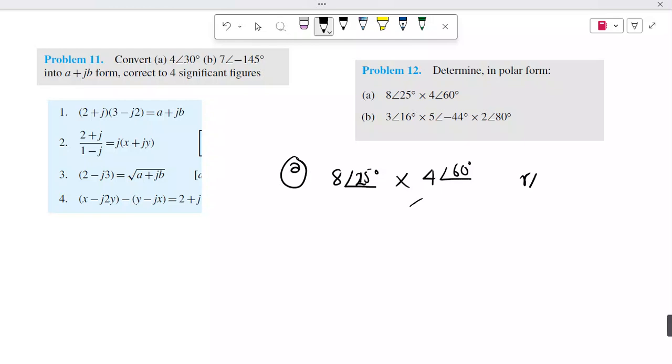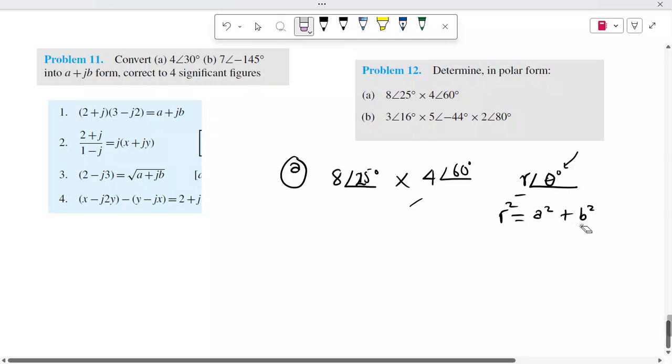In polar form, a complex number is represented in this form: this is the magnitude, and this is the angle. We know r is the square root of the square of the real part plus the square of the imaginary part. That was the topic for yesterday. So today, how do you multiply two complex numbers in polar form?